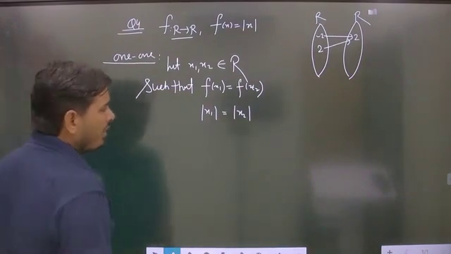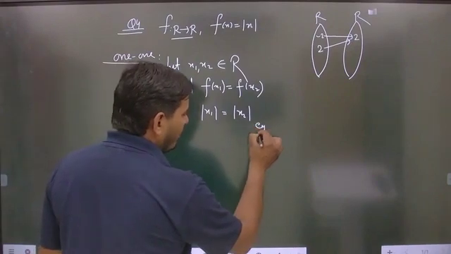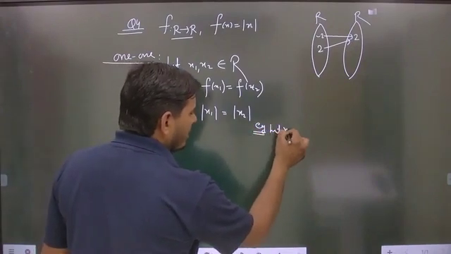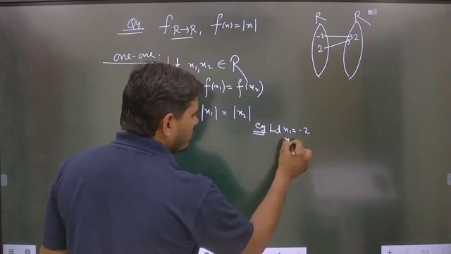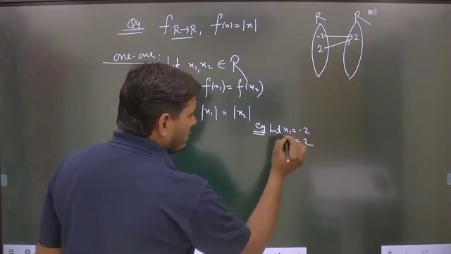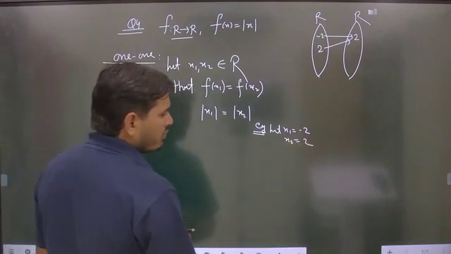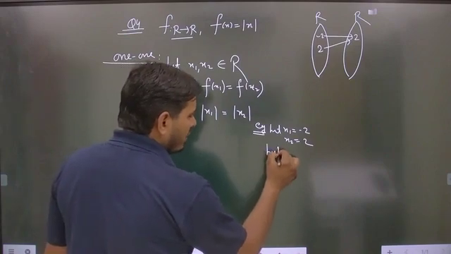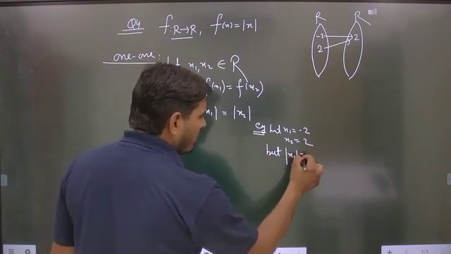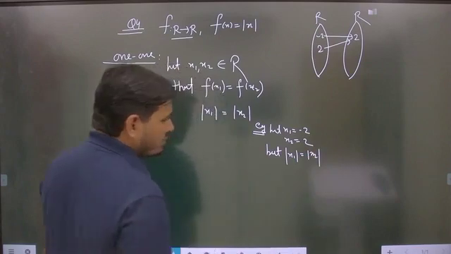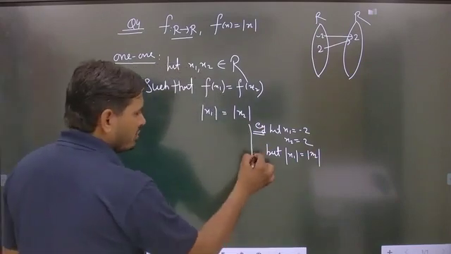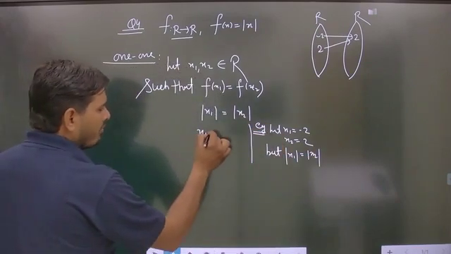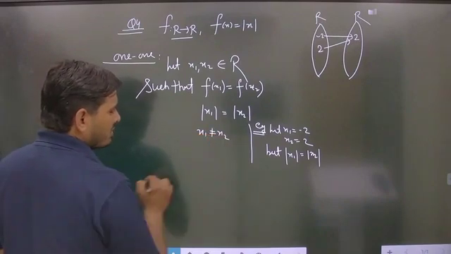So here you can provide an example. Let x1 equal -2 and x2 equal 2. Here x1 is not equal to x2, but modulus of x1 equals modulus of x2. Is that clear? According to this example, sometimes we obtain x1 equals x2 and sometimes x1 not equal to x2.